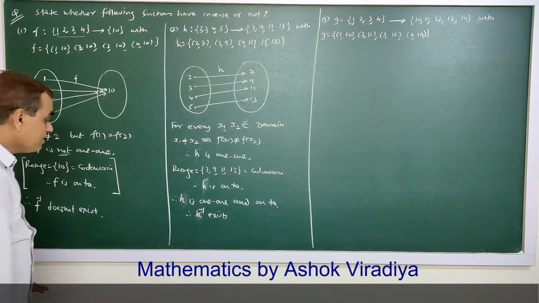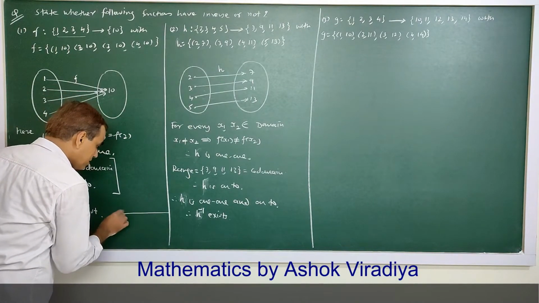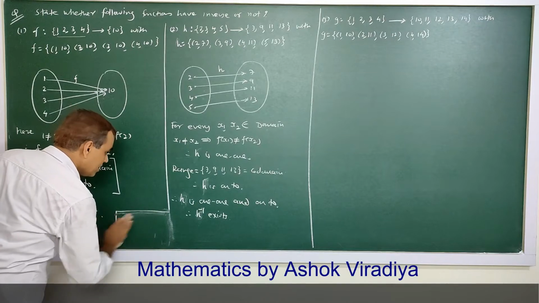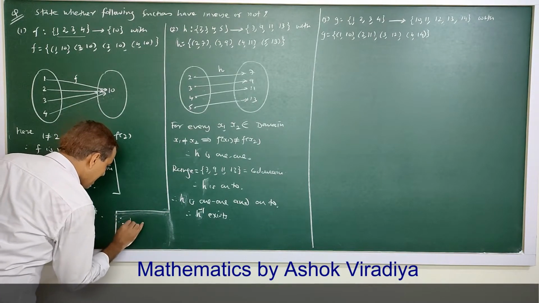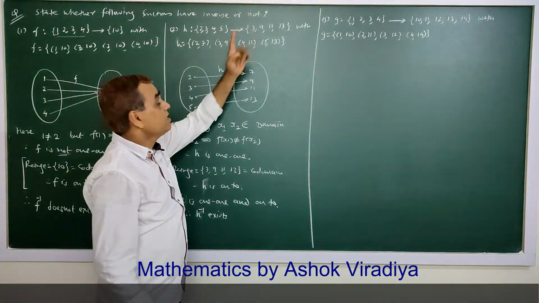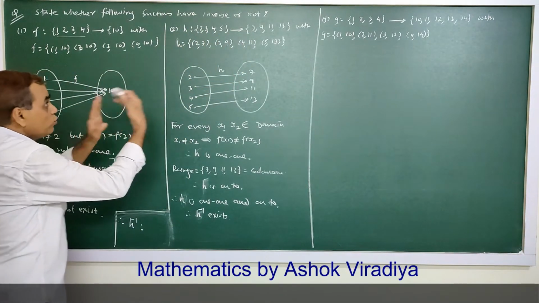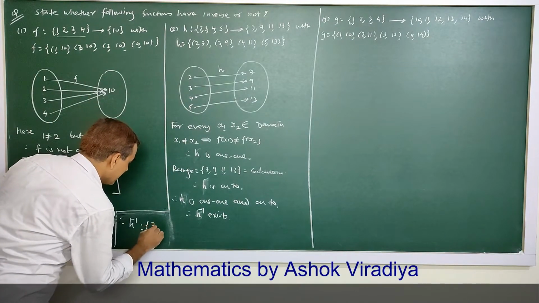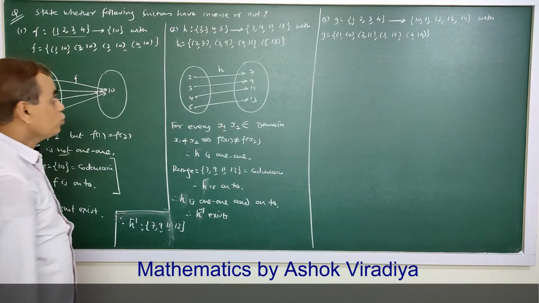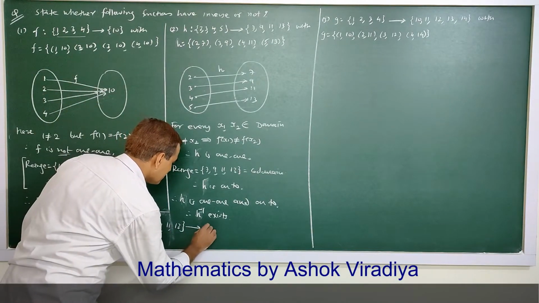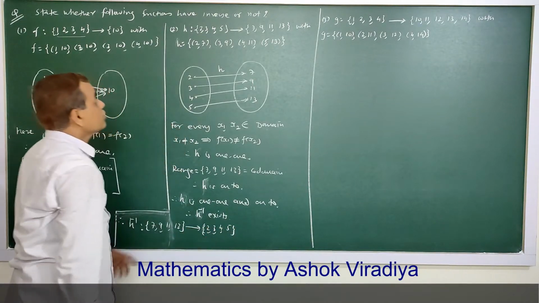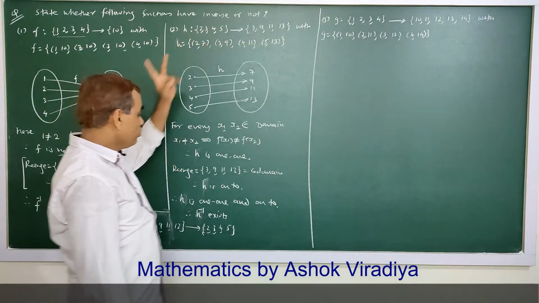Now showing function h inverse: h is from A to B, so h inverse will be from B to A. It is from B to A, 7, 9, 11, 13 to A, 2, 3, 4, 5.